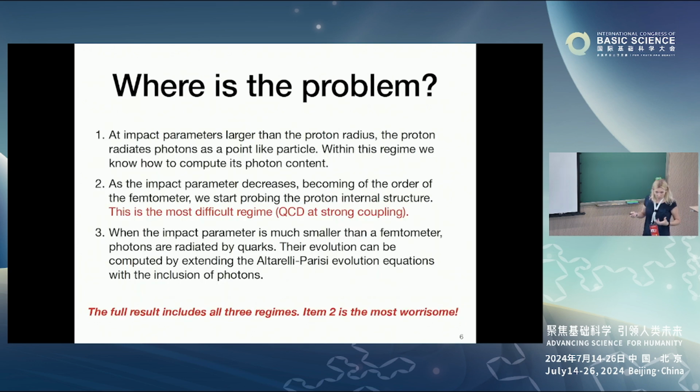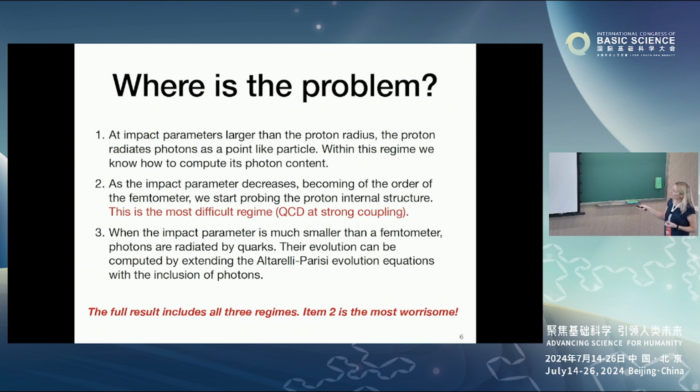So what is the problem in describing photons from protons? Well, you can think about this: you have scatterings, and you have different impact parameters in the scattering. If the impact parameter is very large, effectively you can think of a proton as if it was a point-like particle, because if you're very far away, you don't distinguish. In this regime, we know how to compute the photon PDF of a proton.